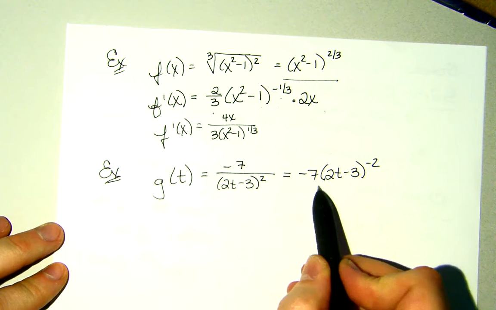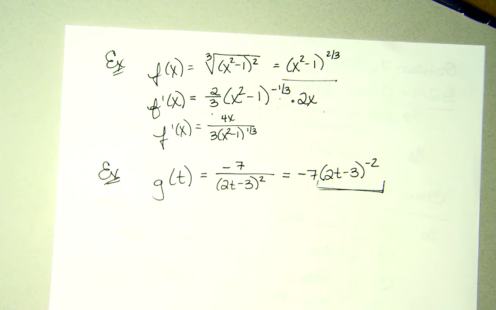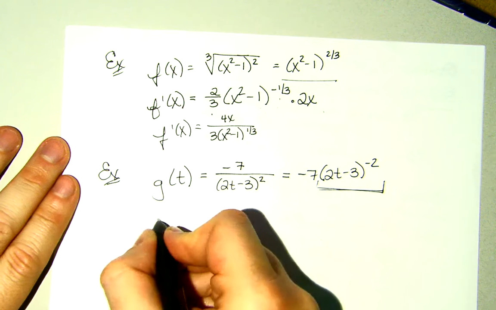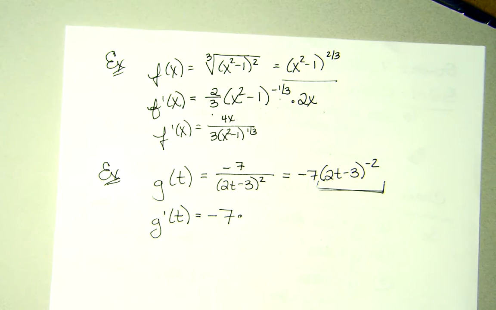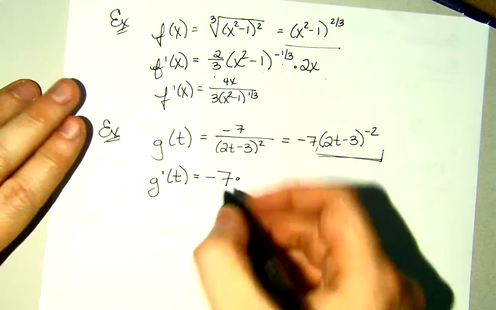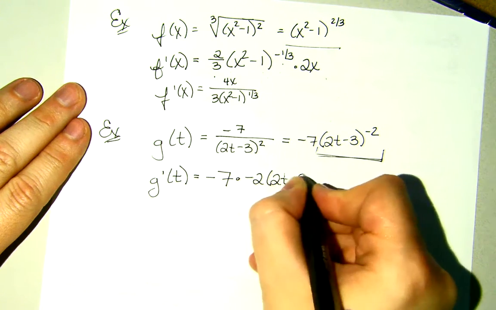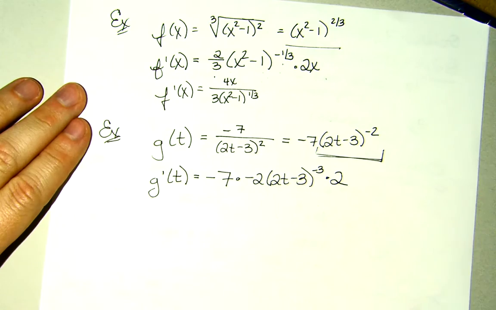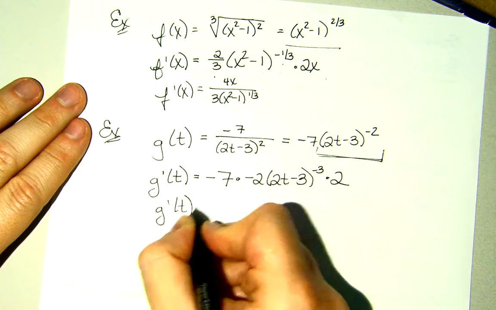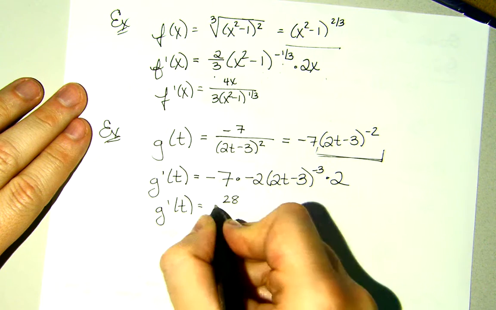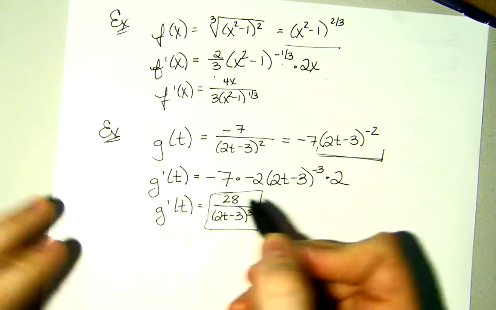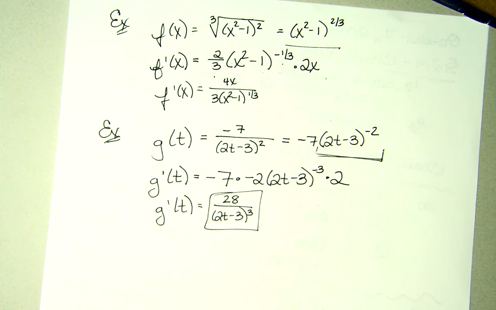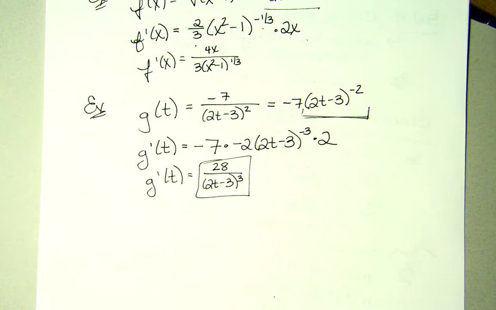You're going to say negative 7 times whatever your derivative by the chain rule of 2t minus 3 to the negative 2 ends up being. Getting 28 over 2t minus 3, that thing cubed.